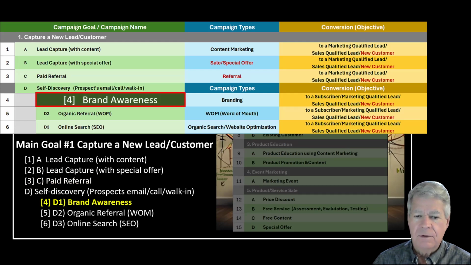Campaign number 4 is a brand awareness campaign, also listed as D1. The campaign type is branding. The conversion and objective is to a sales qualified lead or to a new customer. Brand awareness campaigns build awareness of your business within the community. You can operate a business in a local community and barely register in the minds of your target market.